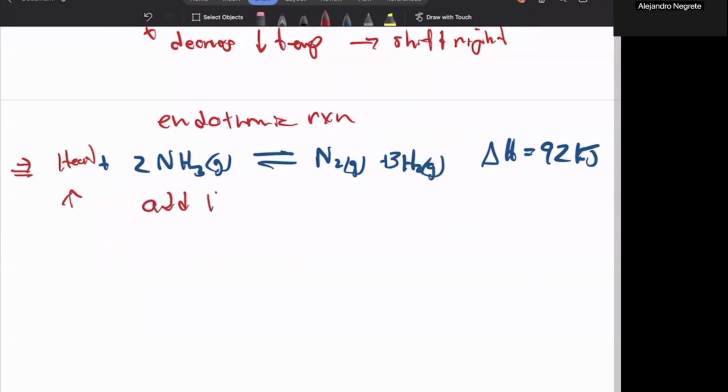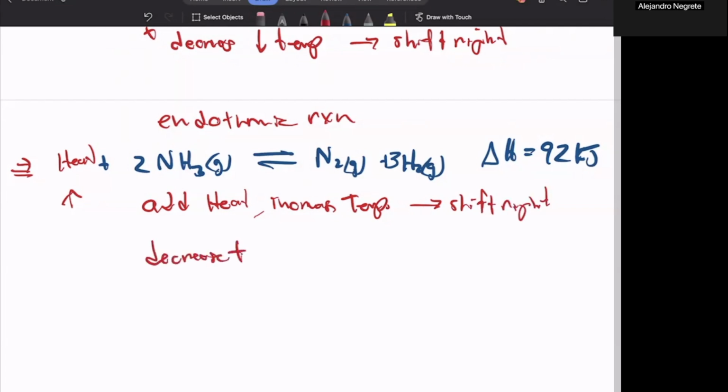If we add heat, if we increase the temperature, this is going to shift to the right. Decrease temperature, we're going to have this shift to the left.